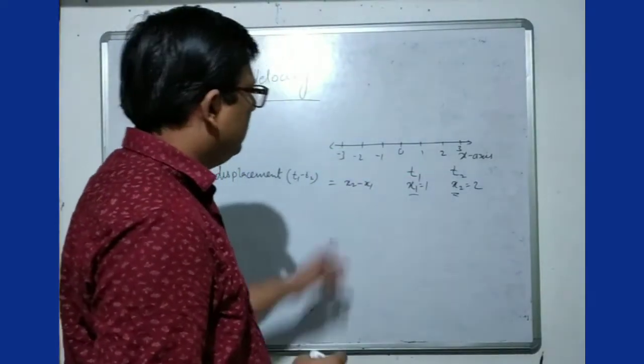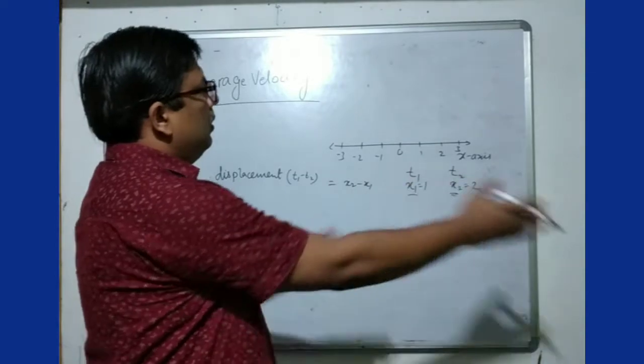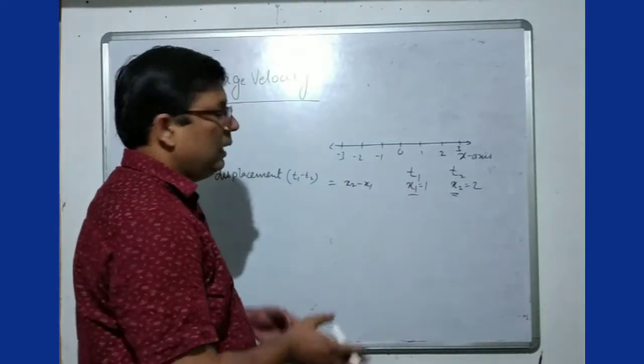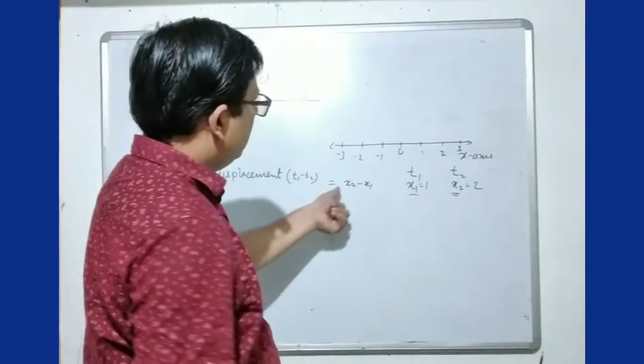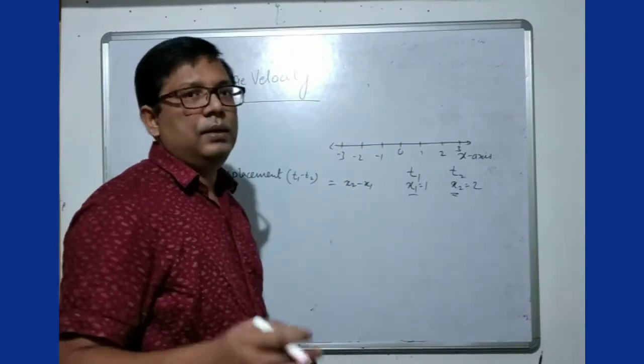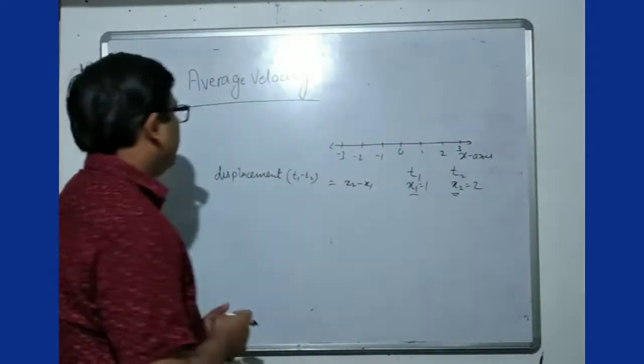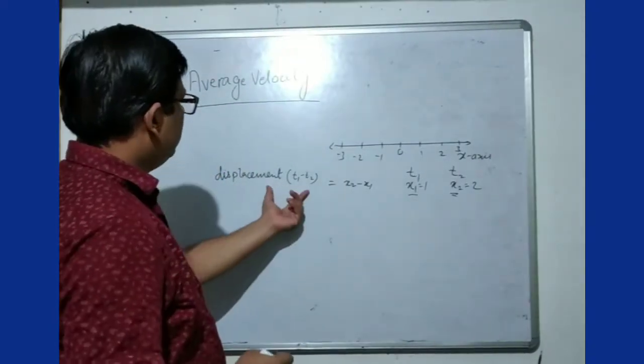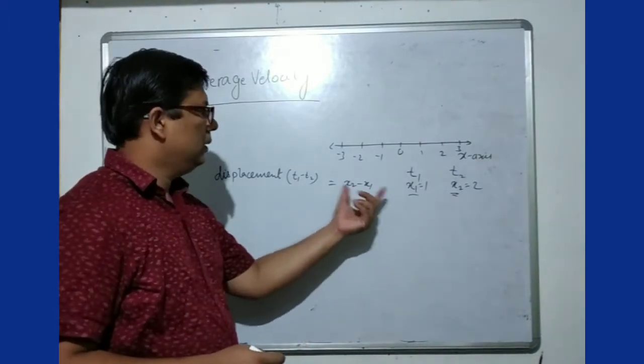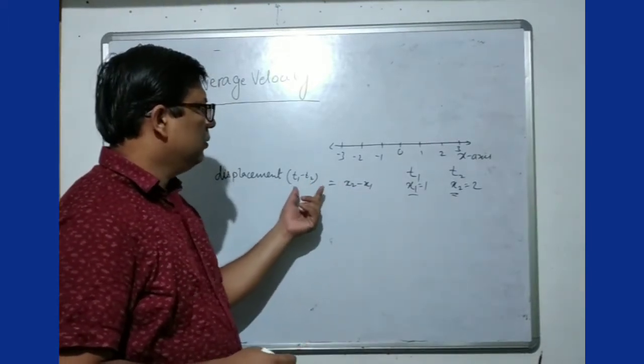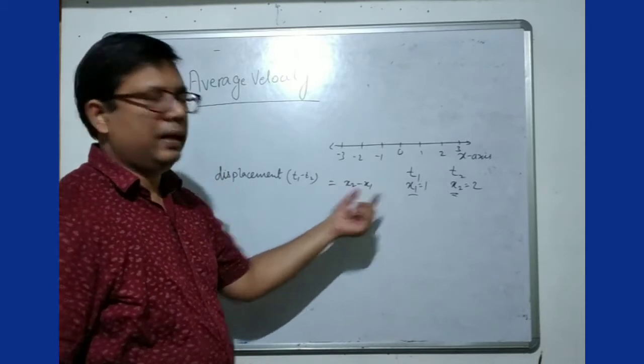So there is no need to write from x1 to x2, positive x-axis direction. The sign itself gives the direction. So displacement in the time interval t1 to t2 is x2 minus x1.